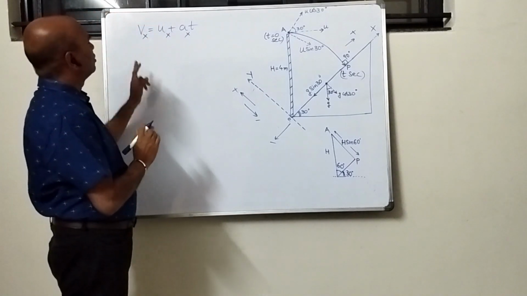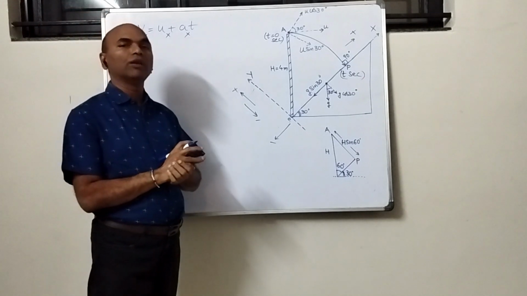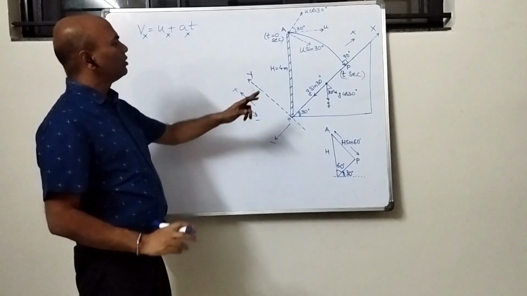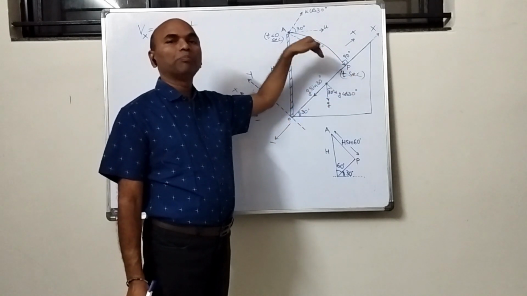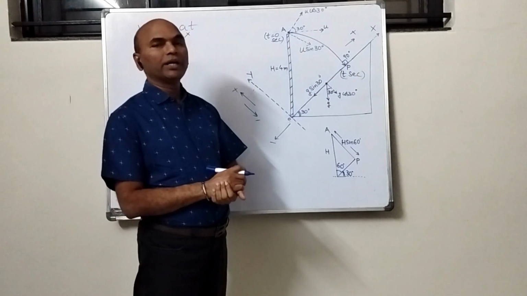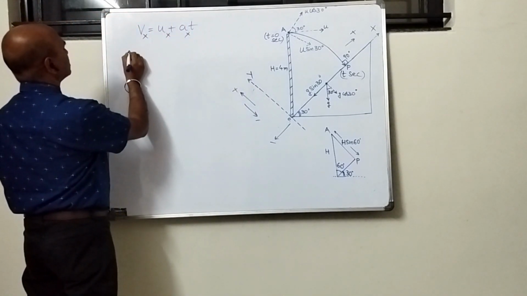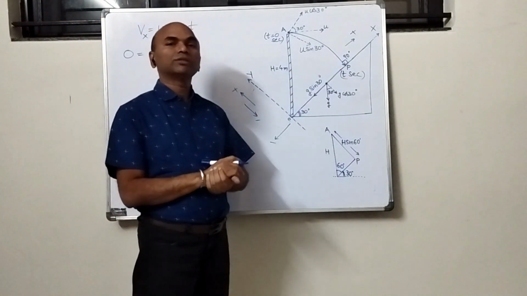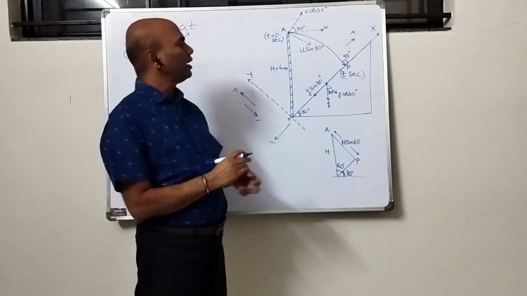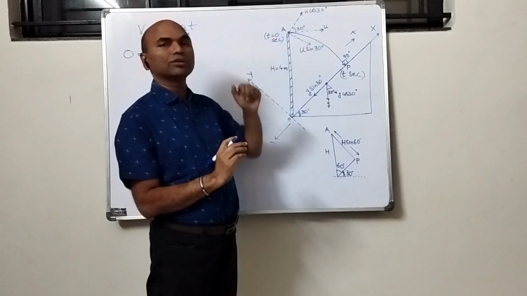Now coming to Vx equals ux plus axt, I am going to take the components along the x-axis. You can easily understand that when it hits the inclined plane perpendicular to the surface, its component along the x-axis must be 0. So I would replace the left hand side as 0, the final velocity x component, and the initial velocity x component would be u cos 30.